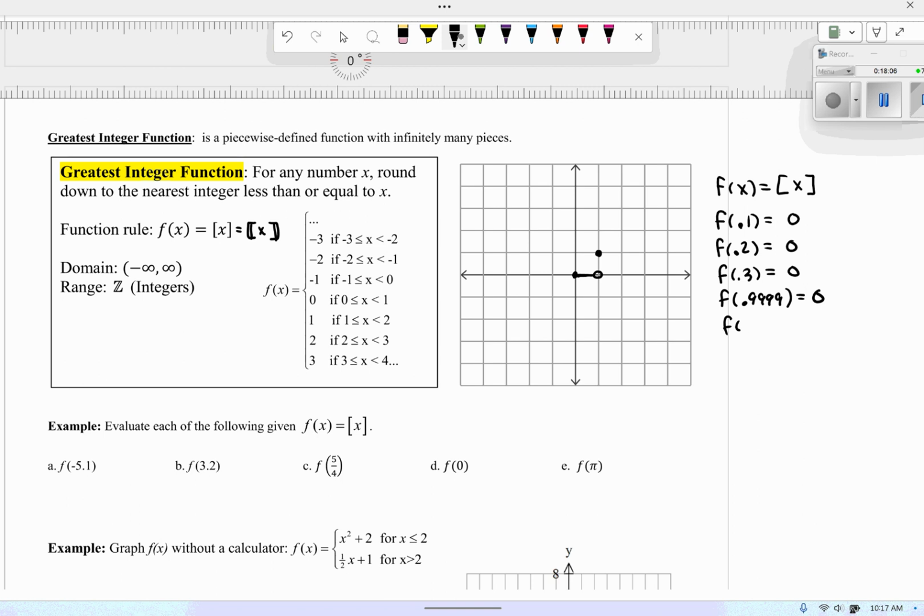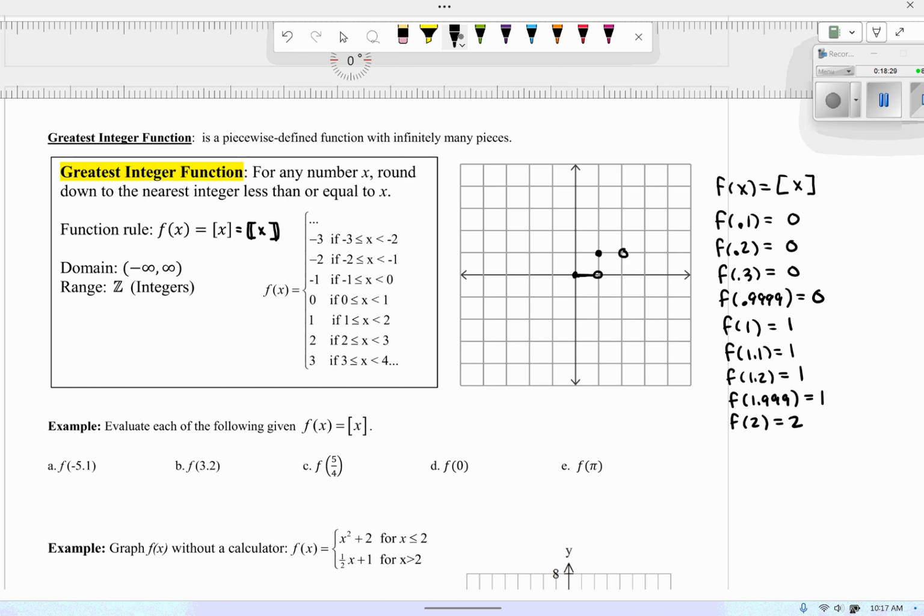But as soon as you get to f of 1 and plug that in, that's an integer, so that's at 1. Then same thing, f of 1.1 rounds down to 1. F of 1.2 rounds down to 1. F of 1.999, etc. would round down to 1. But as soon as you get to 2, then you're going to jump to that new integer value.